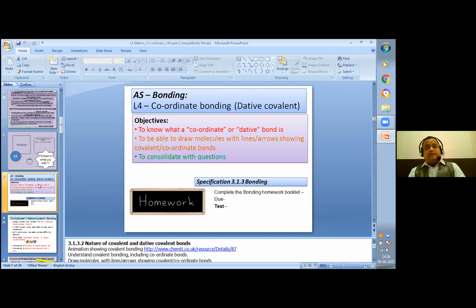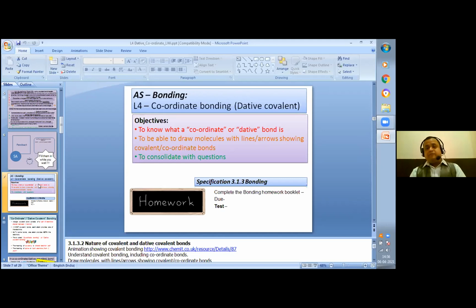So there is a mutual sharing of electrons. When mutual sharing of electrons takes place between two atoms of similar electronegativities, it is known as a covalent bond. Now we have to distinguish between the covalent bond and the coordinate covalent bond, that is, the covalent bond and the dative bond.